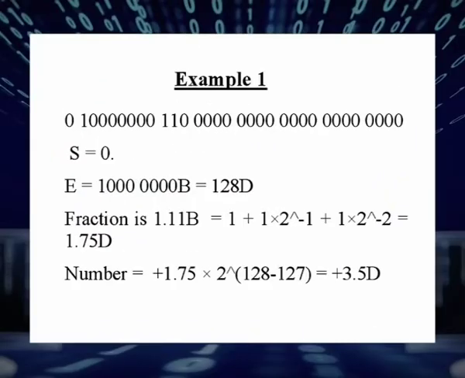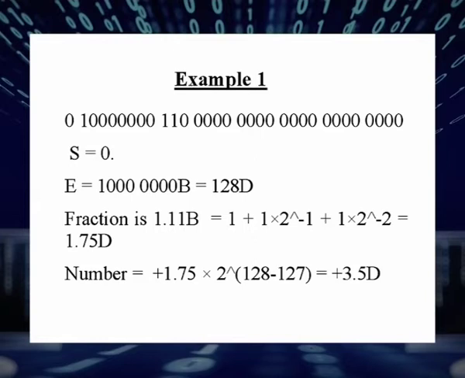Suppose that we have this 32-bit floating point representation pattern. Here, sign bit s is equal to 0, it means positive number, E is equal to 1 0 0 0 0 0 0 0, which is equal to 128 in normalized form.